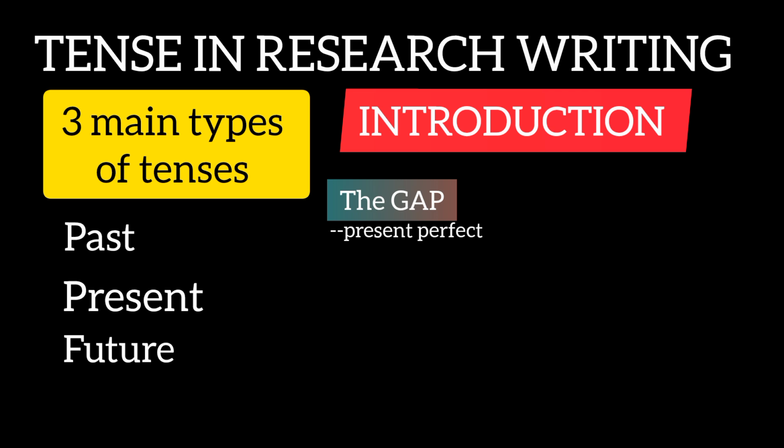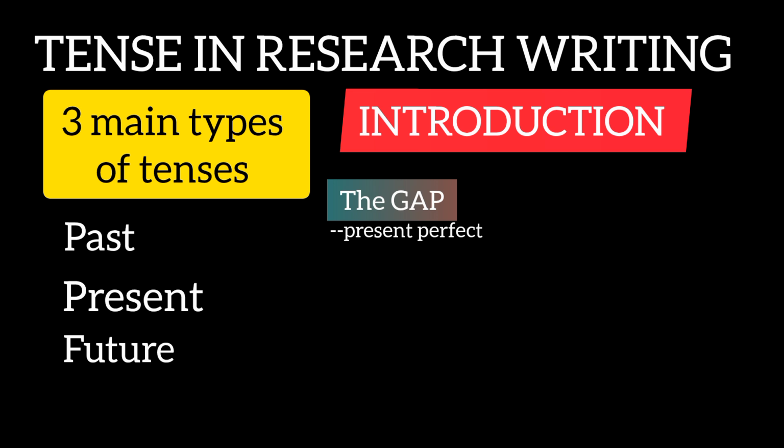Another example could be, there has been a lack of attention on lecturers' mental health in many universities. So the gap that the researcher identifies can be expressed in terms of the present perfect tense.